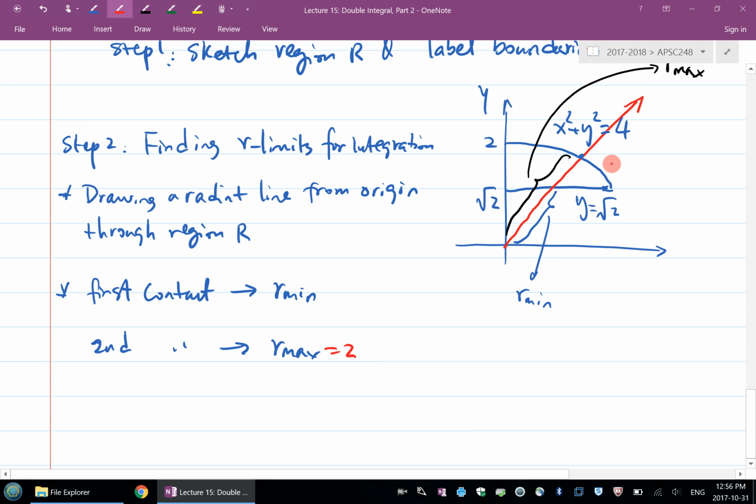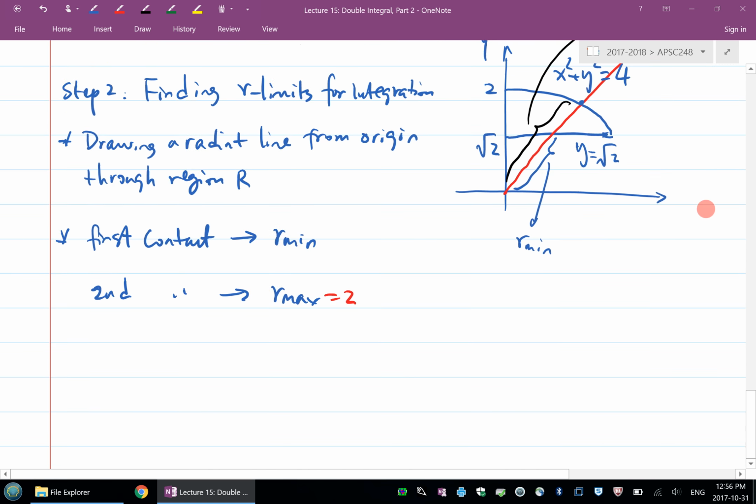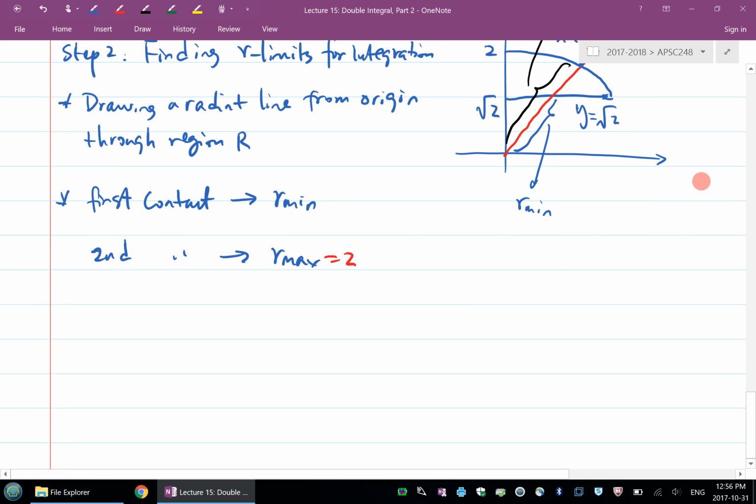It's a varying quantity, depending on where you draw the line. But we do need an expression for r min in order to do this integral. So let me redraw that here, just to illustrate finding the r min value.